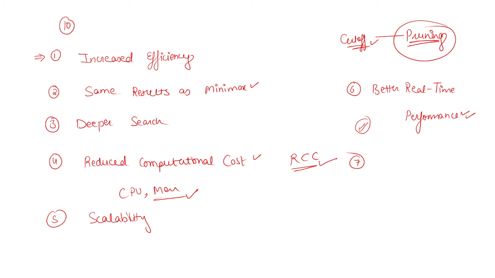So this can be done only with alpha beta pruning. Next is focus on promising moves. It means that by eliminating poor branches earlier, the algorithm focuses on evaluating the most likely paths to success, improving its overall accuracy.